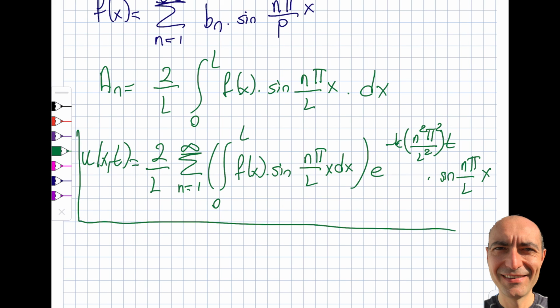So this is the solution to the 1D heat equation, which specifically analyzes the heat transfer inside of a cylindrical rod. Once you have this, basically you're just going to look at this f(x) and plug in what is given to you.